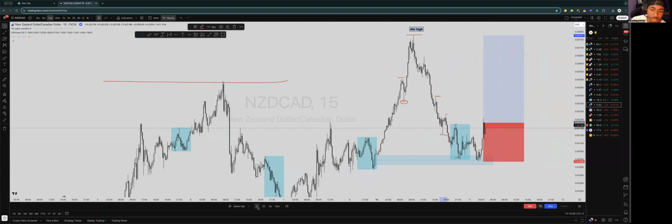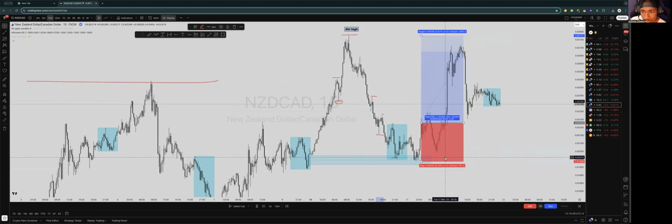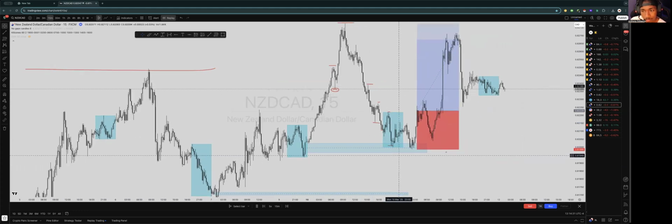So as soon as, I don't know if this is gonna hit, but it's a part of your law of probability. So if it doesn't hit, I'm okay with that. And as you can see, it looks like, see what happens. Hopefully price doesn't come back.